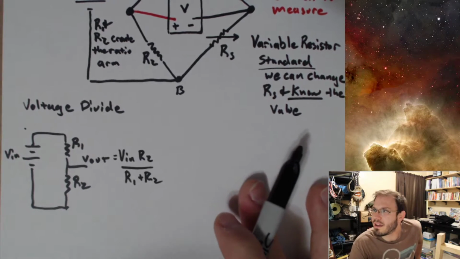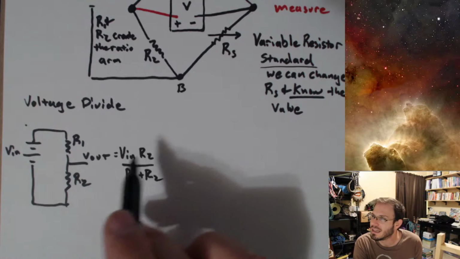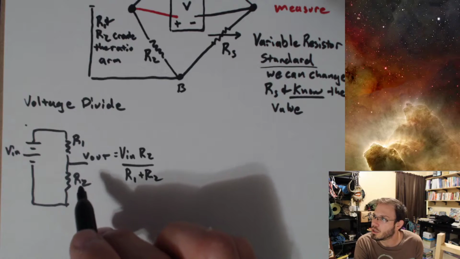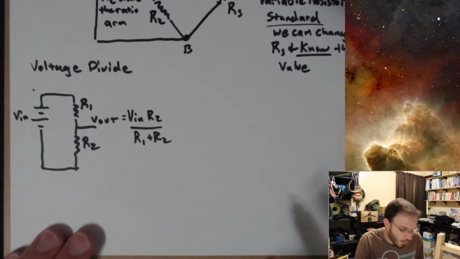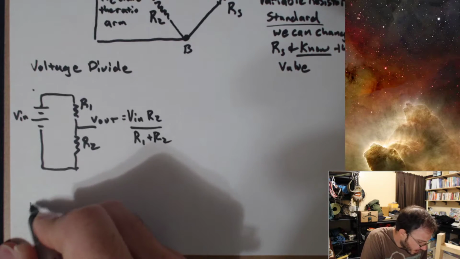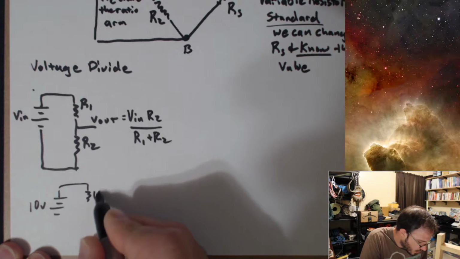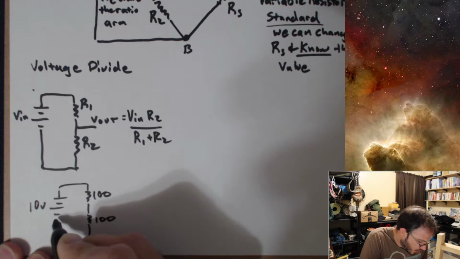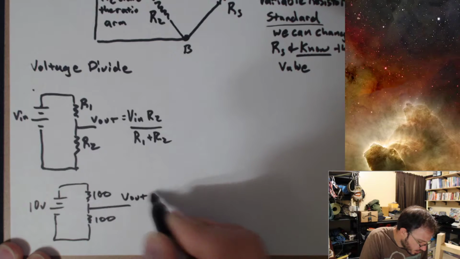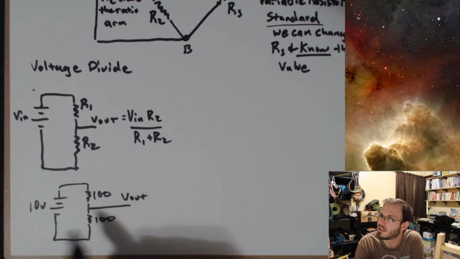Okay? So if I had 10 volts and I want to make 5 volts out, as long as I pick R1 and R2 such that they are the same value, I will get 5 volts out. And I can go ahead and solve that for you real quick over here. 10 volts, 100 ohms, 100 ohms, and V out should be equal to 100 times 10 divided by 200.